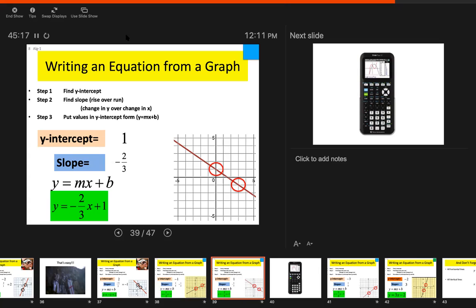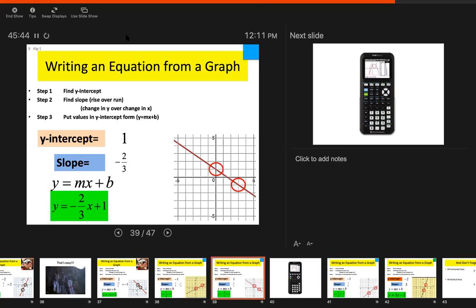All right, let's try this one more time for those of you that did not get it. Hit the clear button. Hit y equals and hit clear. We'll try this one more time. You're going to type in negative. If you get this wrong, it's usually because you used the minus key. Negative 2 divided by 3. What's the very next thing? An X. Now we've got to find the X button.